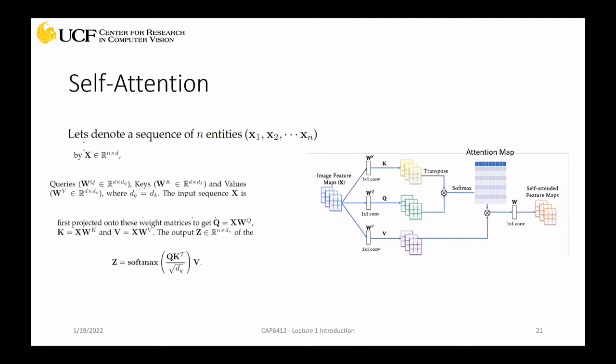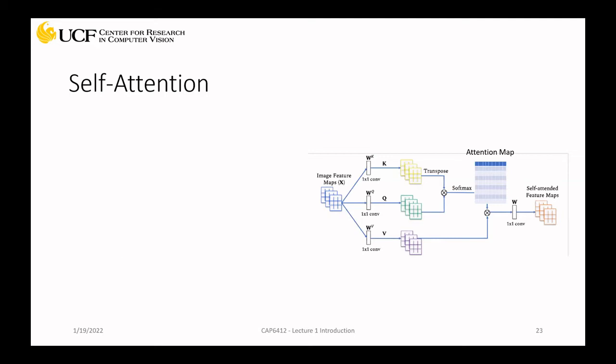Now, you need to be very careful about these dimensions. I think even this figure has a problem, so I fixed it. This attention should be 9 by 9, not 3 by 3. Let's look more carefully at this particular example. We have X, and for this example we have 9 tokens, 9 pixels, and each has 3 dimensions.